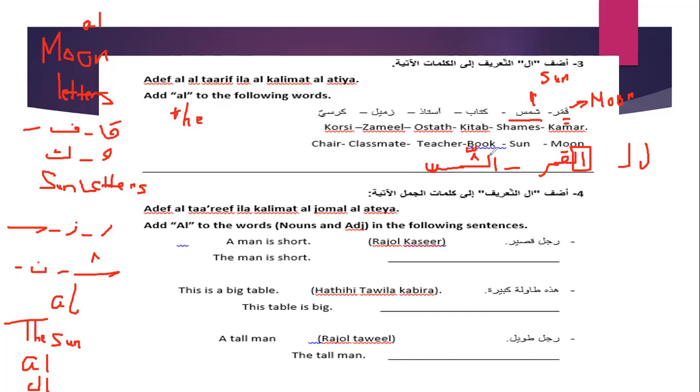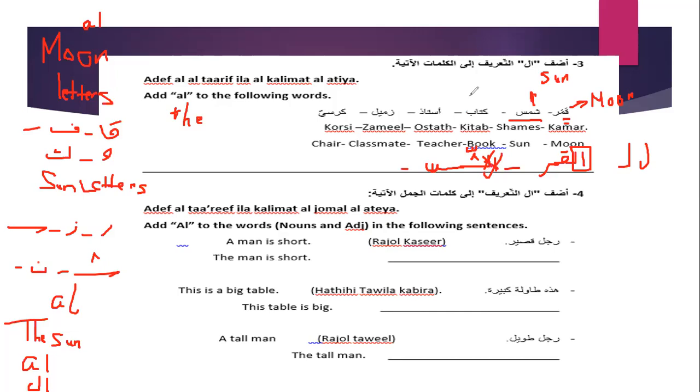When you have a sun letter after al, you put shadda above the sun letter to know that this letter is a sun letter. How do we read this word? We read it as Shams. We have to cross the al. Shams, okay? Cross the al.